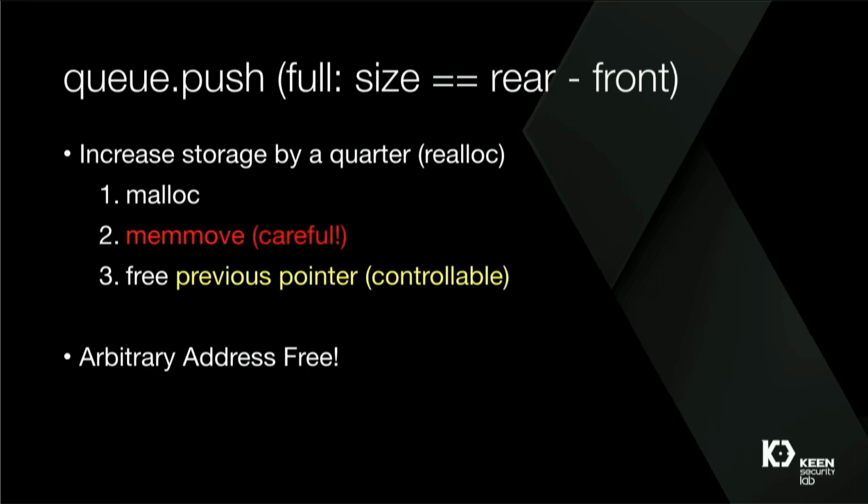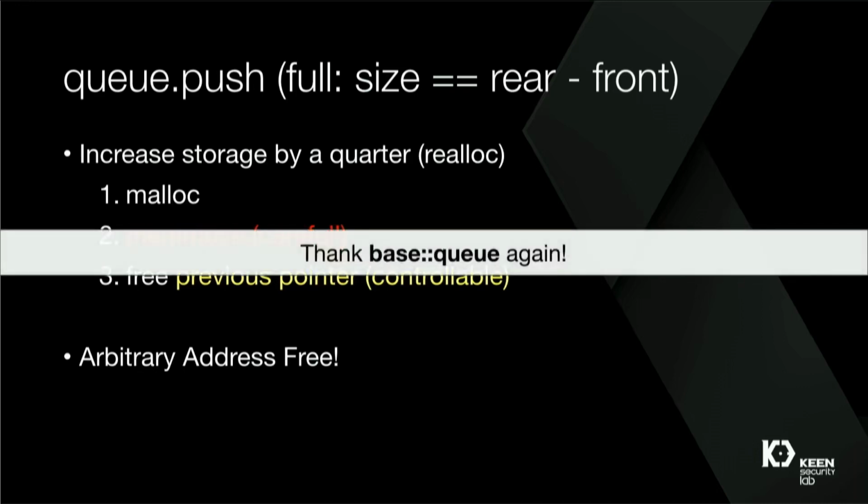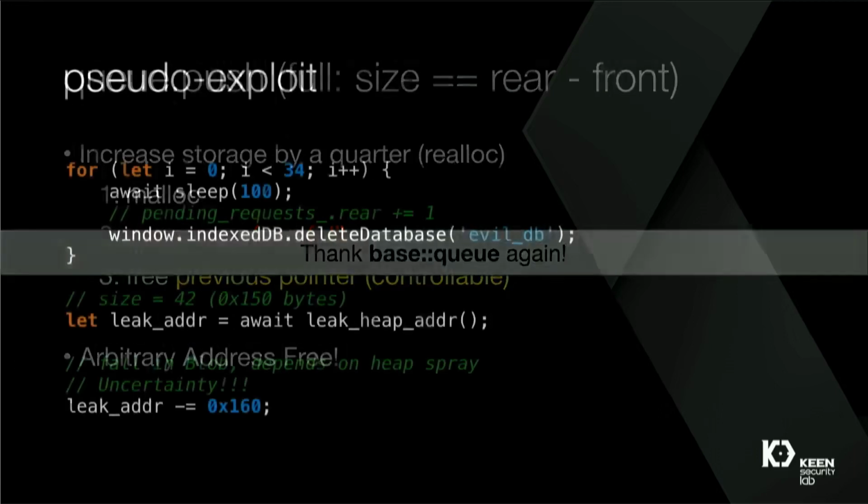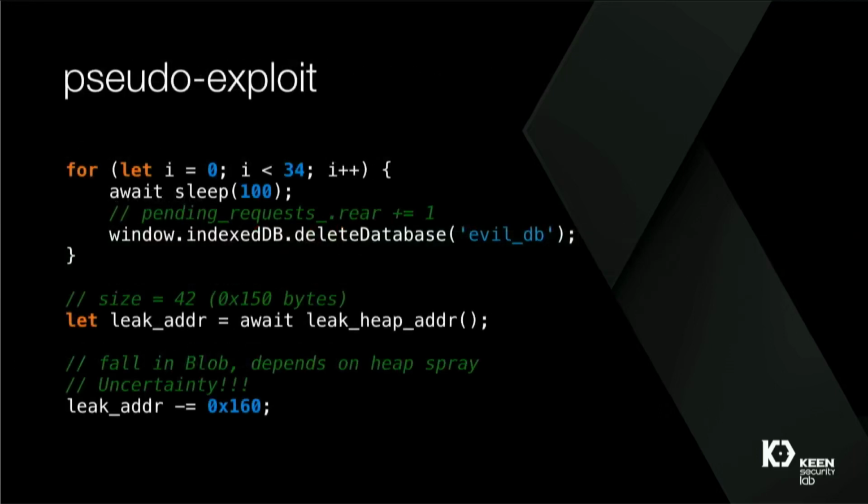But be careful of the memory move. It will clear the memory according to the given size. So before free, we have to guarantee that the buffer size is larger than the queue size. And we have to thank base queue again. Then let's see how to take advantage of the arbitrary free.